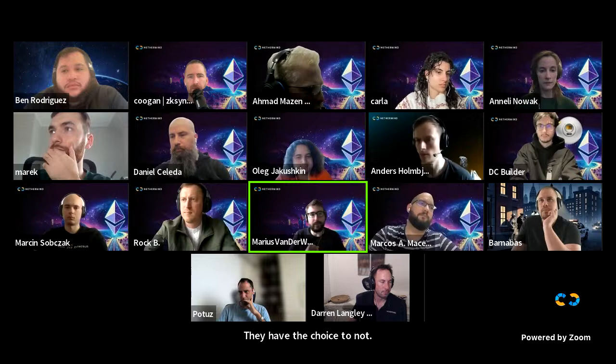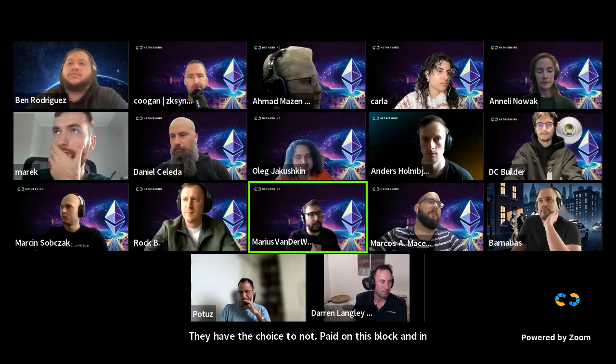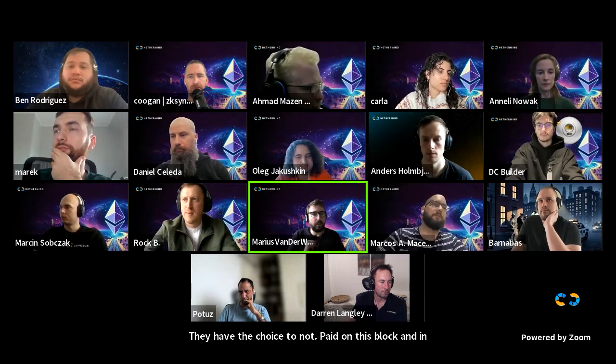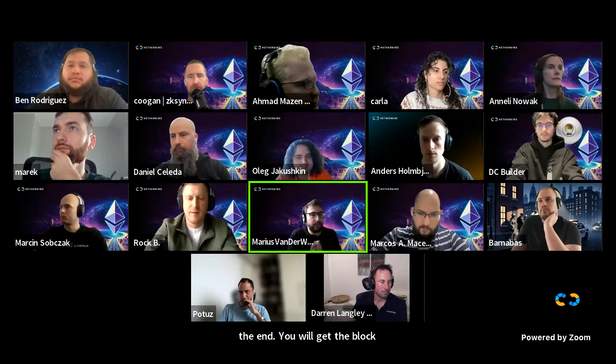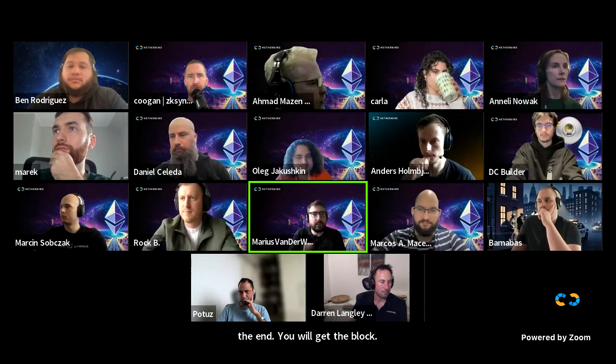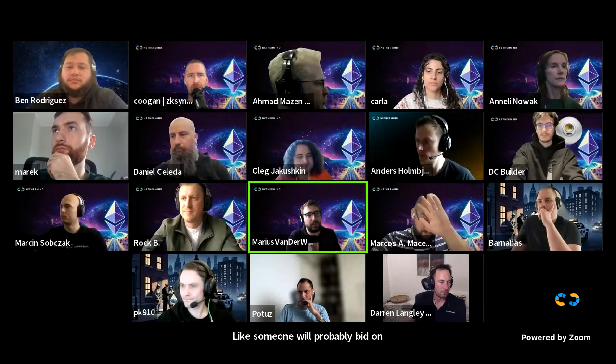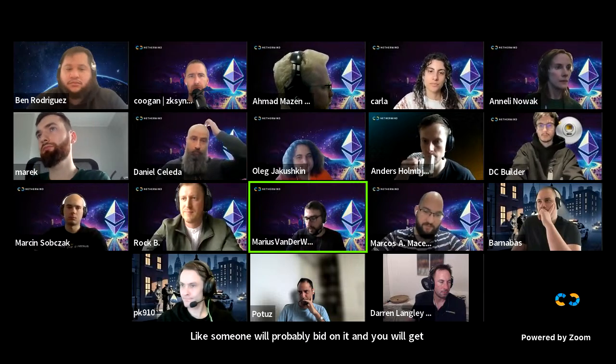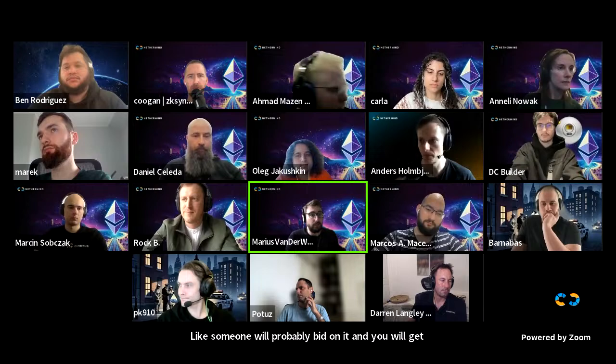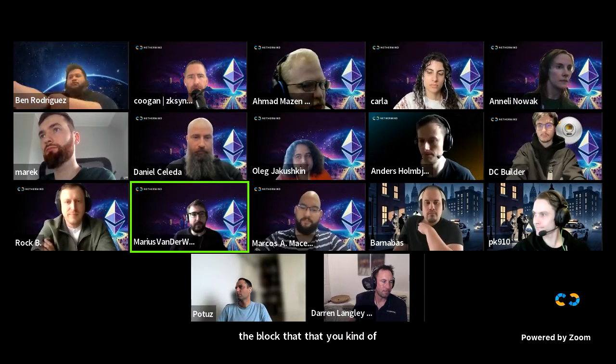And in the end, someone will probably bid on it, and you will get the block that you kind of wanted. And this is just a change within the consensus layer and the MEV pipeline, and it's not under consensus.